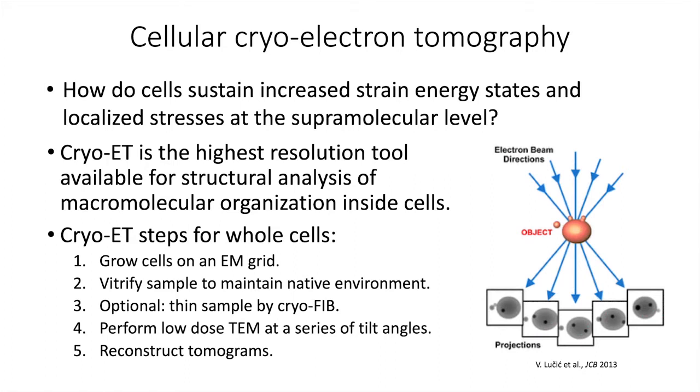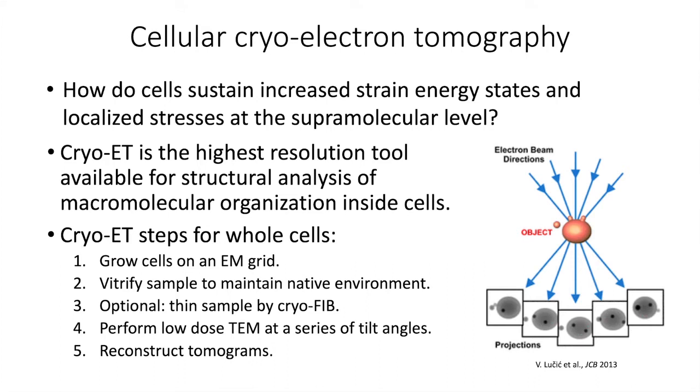Because cryo-ET is an electron microscopy technique where the electrons have to pass through the entire sample on their way to the detector, the total thickness must be below 500 nanometers. So depending on the cell type you're looking at and the region of the cell you're looking at, thinning of the sample by cryo-FIB milling may be required.